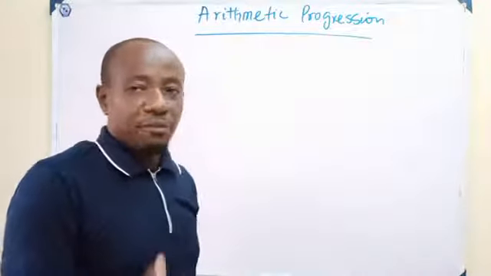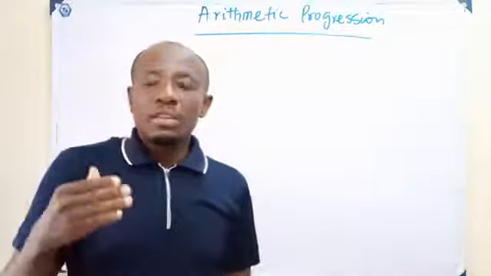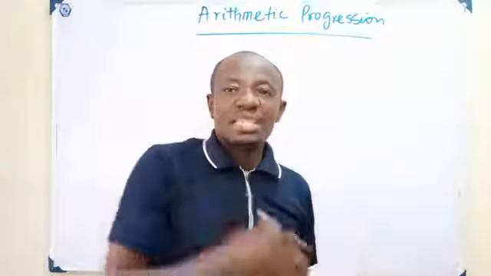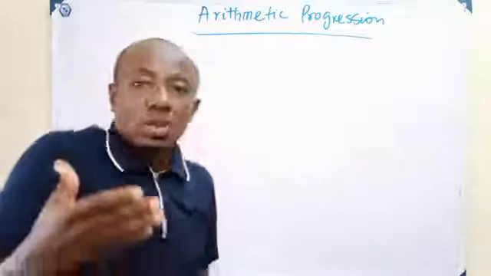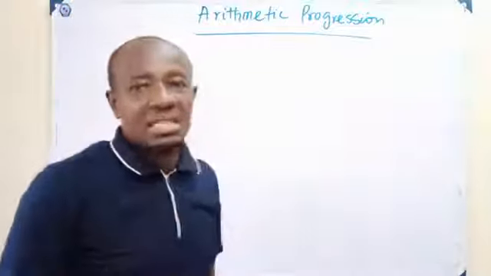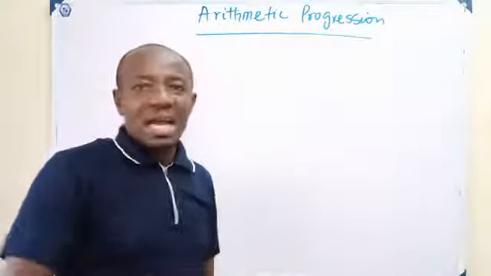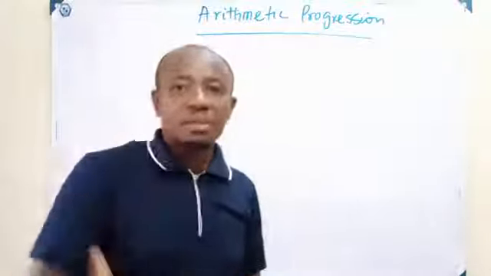For example, you have the first term, the second term, the third term. If the difference between the second term and the first term is the same as the difference between the third term and the second term, and is equal to the difference between the fourth term and the third term, that sequence is in arithmetic order. So that is how to classify a sequence to be in an arithmetic order.